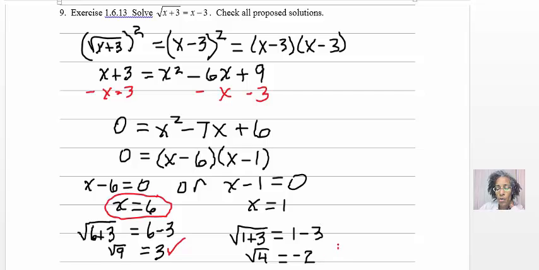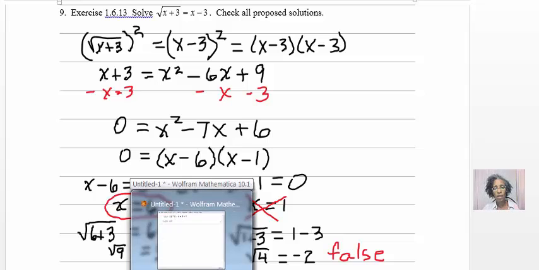And the answer is no. When you are applying radicals, that's called a principal square root. And the principal square root, a lot of times we just say square root for short, but the principal square root of 4 is a positive 2, not a negative 2. So this is an extraneous solution that I need to discard.